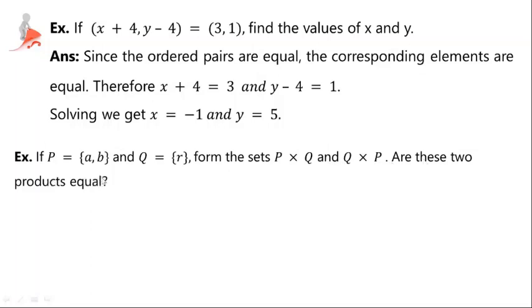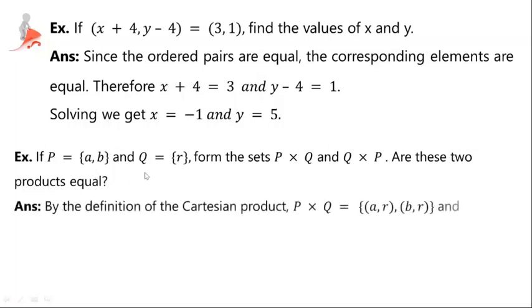So our answer, by definition of Cartesian product, we can easily evaluate P cross Q. The first element of P is related with R. Then next the second element of P relates with R, that gives us the set of elements (a, R) and (b, R).